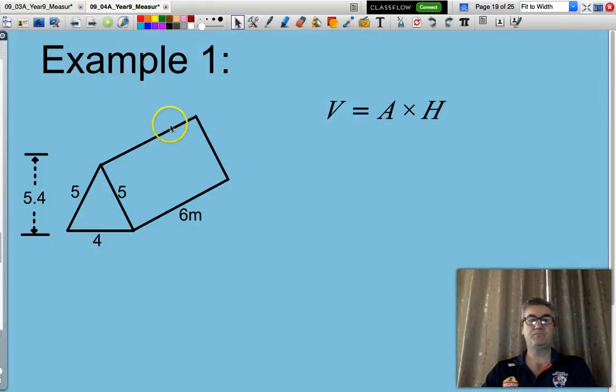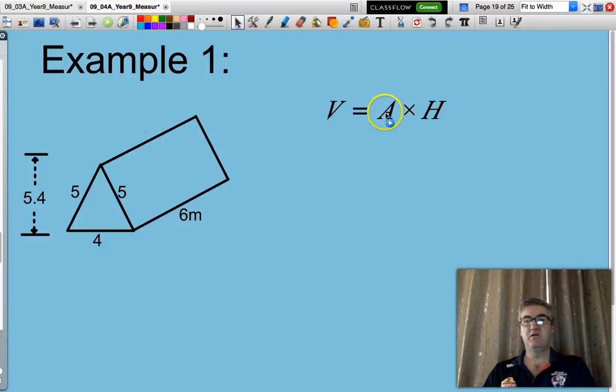So, first example, well, again, volume equals the area of the base times the height. So where is the cross-sectional area? It's along here. It's this triangle here, because when I cut this prism along here, I still will have a triangle as the cross-sectional area.